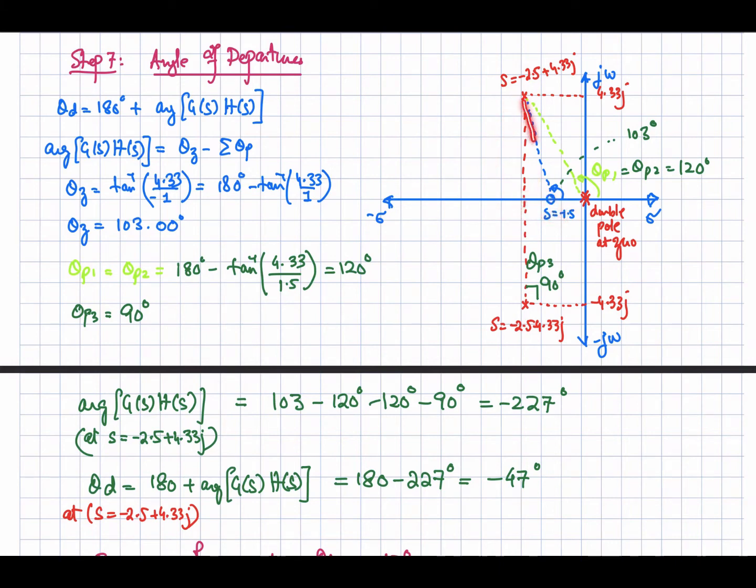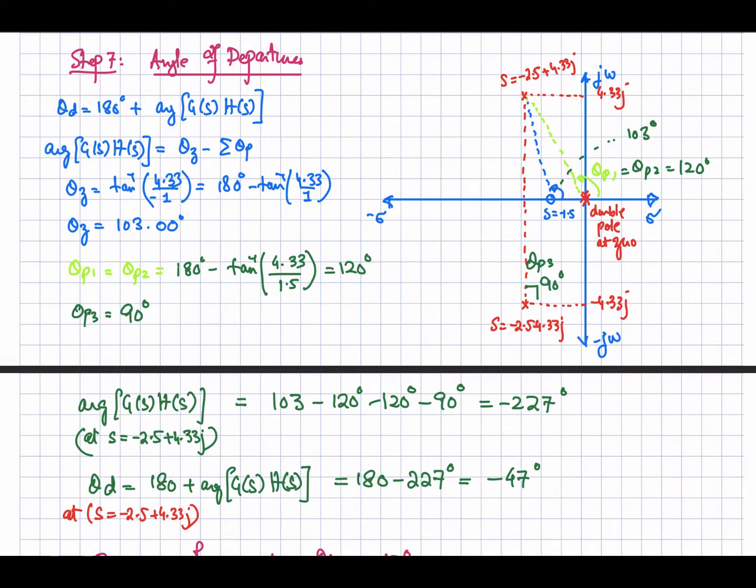So if I look at this triangle, for this angle alpha, let's suppose, this alpha will be equal to tangent inverse of 4.33 divided by 1, right? But I need to look at this angle, so 180 degrees minus tangent inverse of 4.33 divided by 1, so this is 103 degrees. So we have calculated this angle, that is equal to 103 degrees.